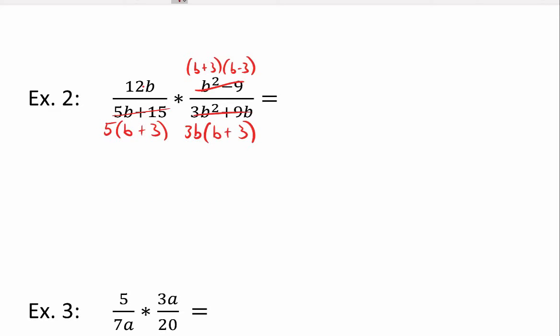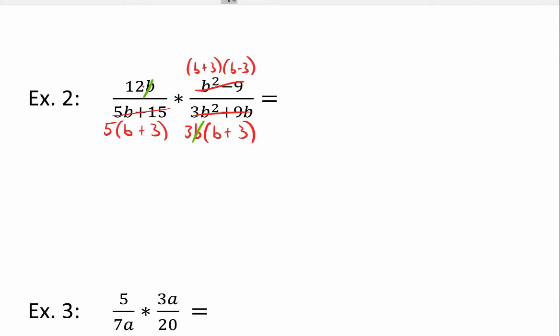Now I'm going to look at all of my factors. And remember, we can cancel across a multiplication sign. So any factor that is common in the numerator to the denominator can be canceled. So as I scan across, I see I have a common factor of b with b. So I have a b in the numerator and a b in the denominator, so I can cancel those.